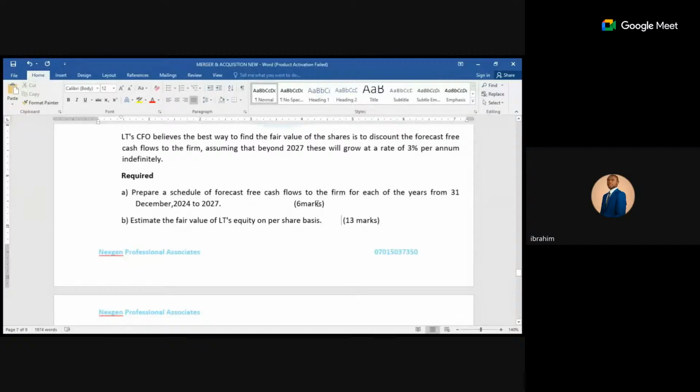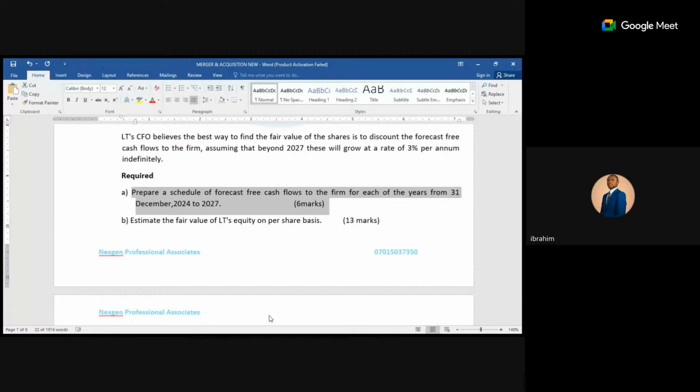Thank you. Now, the examiner says determine the forecast free cash flow to the firm, that is free cash flows to the firm from 2024 to 2027. And the examiner still asks you to estimate the fair value of LT equity on per share value.